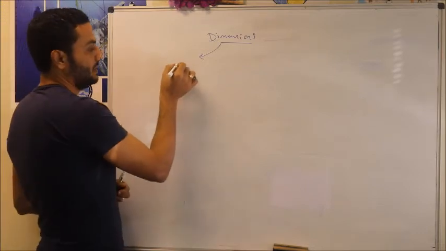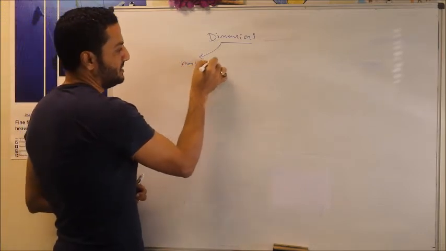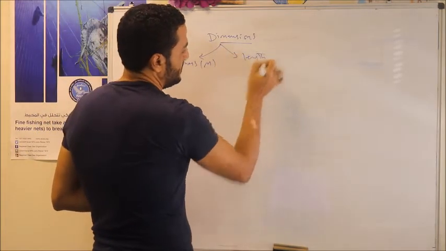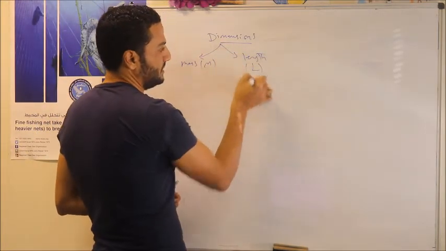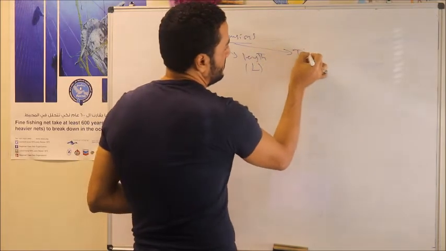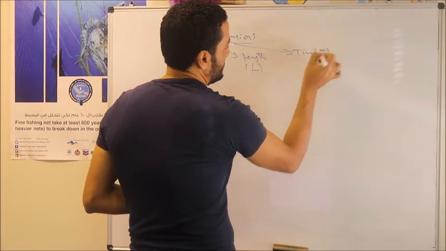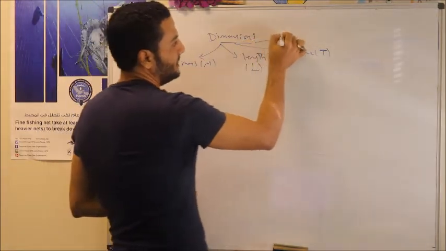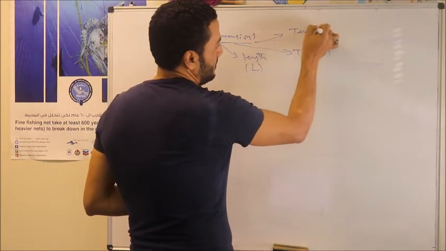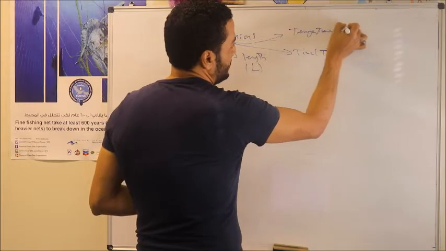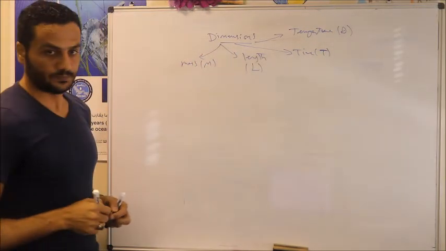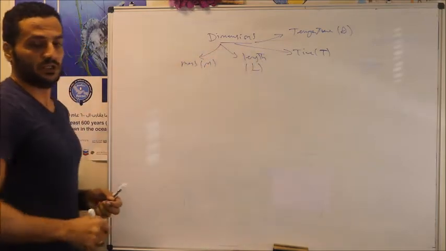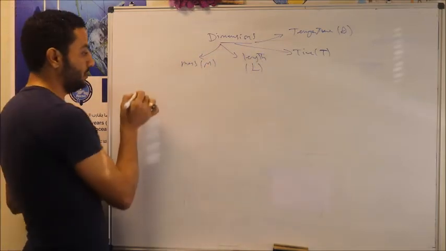So we have the basic dimension mass, which has the symbol m, the basic dimension of length or distance, which is L, and for time it is small t. And in some cases, for heat transfer, we consider the dimension for temperature to be theta.